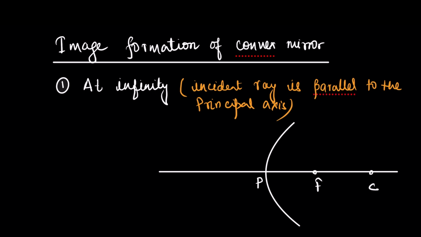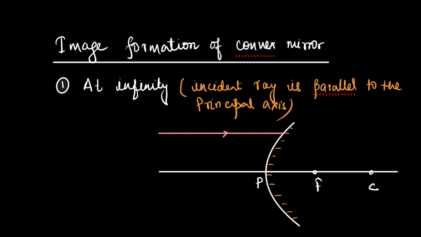So here two incident rays we will take which are parallel to the principal axis. So let's take, this is one of the incident rays. We also studied in our part 2 where I explained the rules of image formation. In that, when the incident ray is parallel to the principal axis, it always passes through the focus.